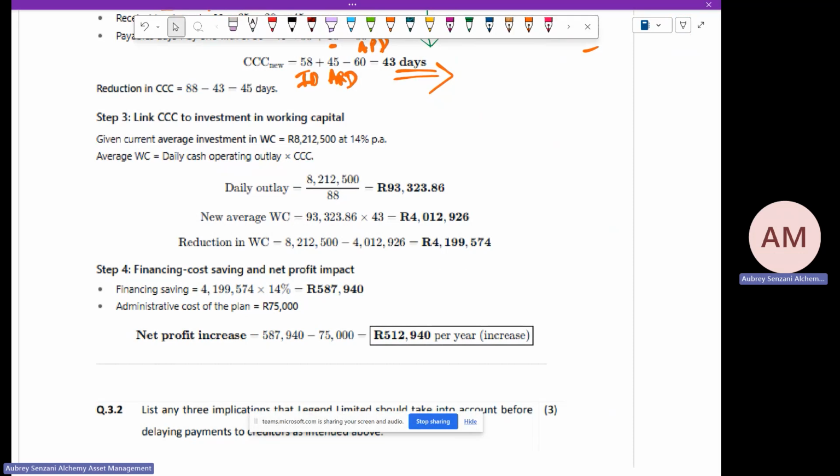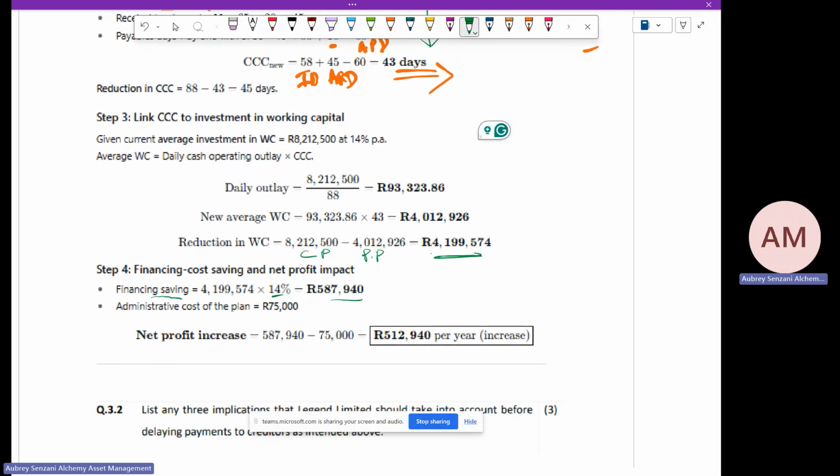Oh, I see what they did here. This almost 200 is the saving. Can you see it's the difference between our current plan and our proposed plan? So this is the saving that we will realize in terms of our investment. So if we apply the interest rate to that, then it's going to be the financing saving that we would then realize.